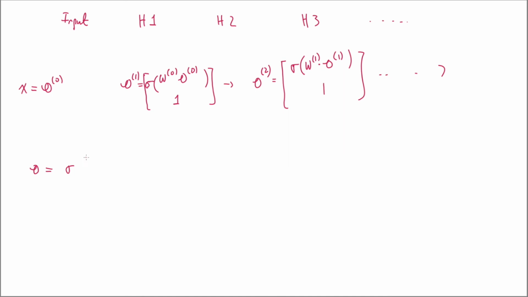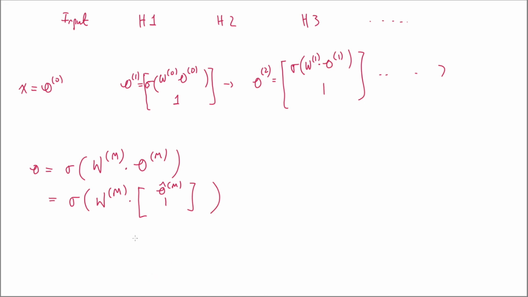Well, this is the sigma times the weights matrix in the previous layer, which is layer M, multiplied by the output in layer M. But using this definition, we actually have this recursion where we can rewrite the output M as this vector O hat M with 1, okay?